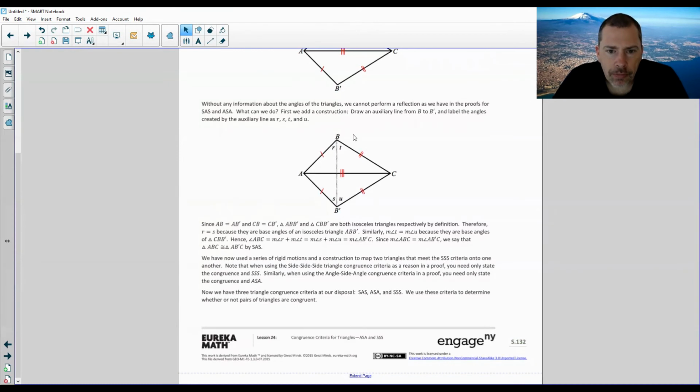Since AB equals AB prime and CB equals CB prime, we know that they're congruent, they're marked.